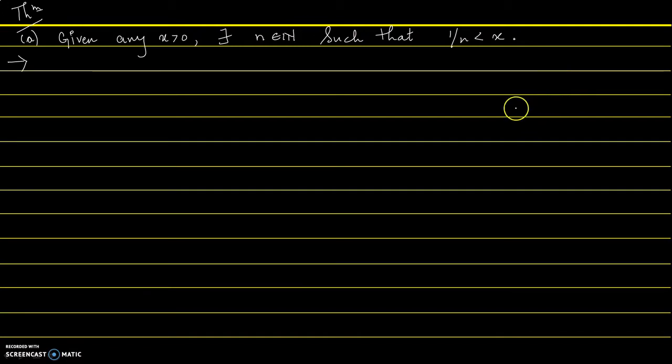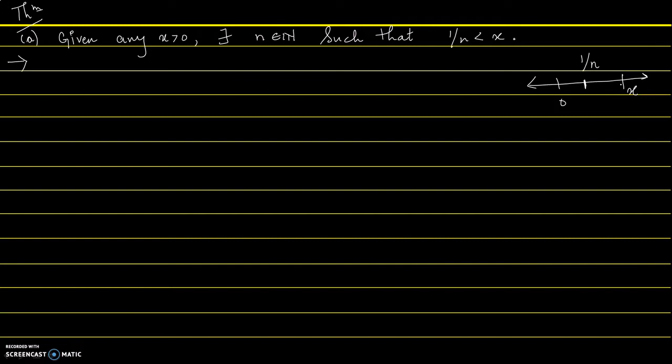No matter what positive real number x you give me, anywhere on the real line, I'll be able to find a natural number n such that 1 upon n is less than x. I can always do this. This is what the statement says.